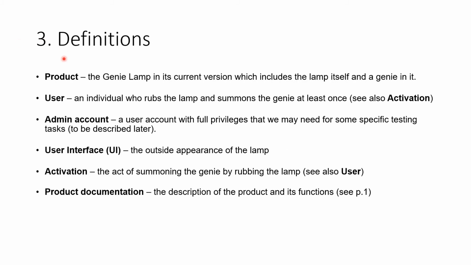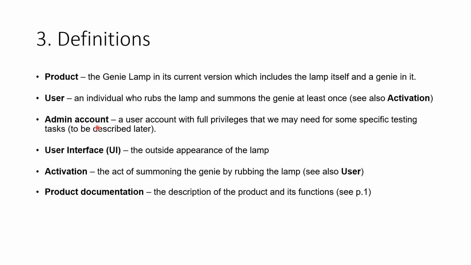Now, definitions. As it turns out, we can use some traditional software development terminology for the lamp testing. For example, the product is the Genie lamp in its current version, which includes the lamp itself and a genie in it. A user is an individual who rubs the lamp and summons the genie at least once. We'll also define activation.